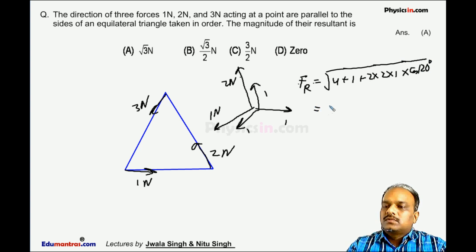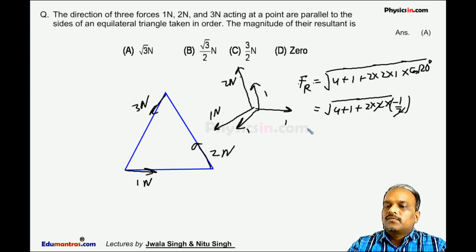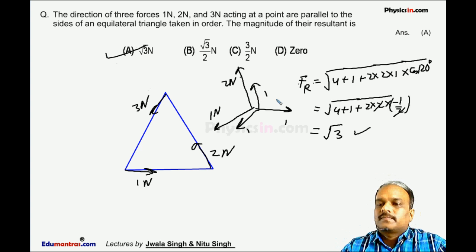So this is equal to root over 4 plus 1 plus 2 into 2 into cos 120, which is minus 1 by 2. So this 2 will cancel out. We get root over 3. This is the answer. So the resultant is root 3 Newton.